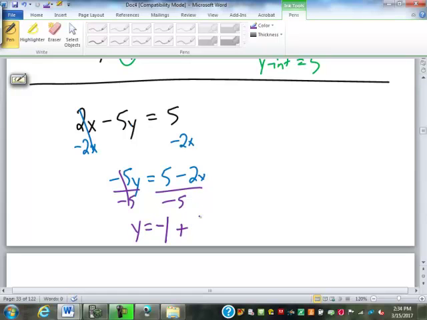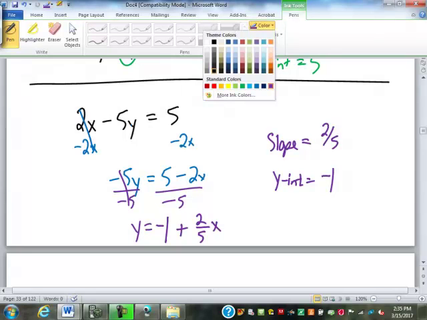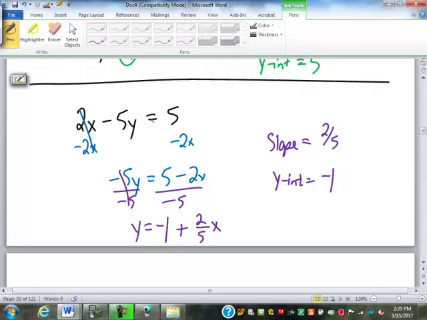Positive. 2/5, good, x. So what's the slope of that equation? And the y-intercept? Negative 1. Wonderful. But that's a little bit of work to get to that slope and y-intercept.